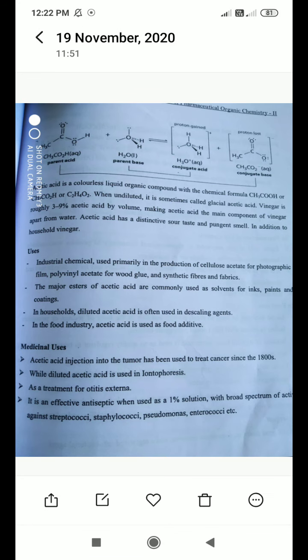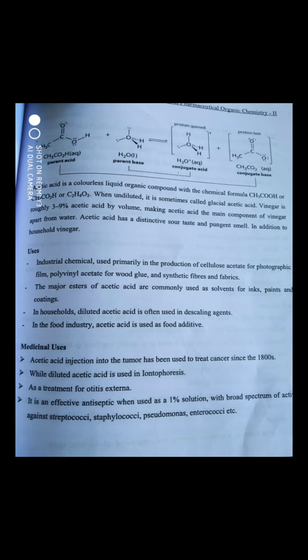Now what are the medicinal uses? Other than this are some general uses, okay. Other than this, most important for us is medicinal uses. So what are those medicinal uses? Acetic acid injection into the tumor has been used to treat cancer since the 1800s. Means this acetic acid is injected into a cancerous tumor.